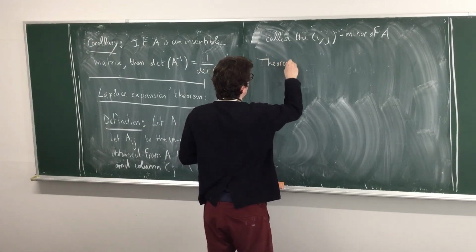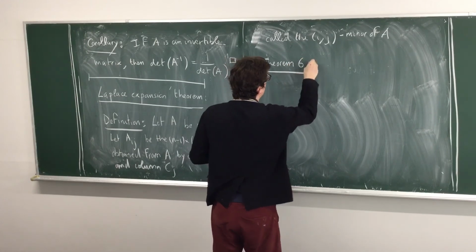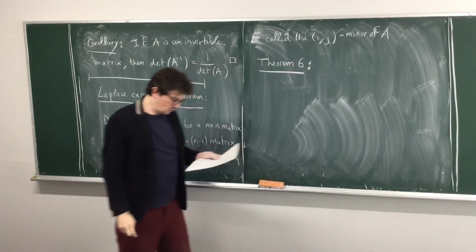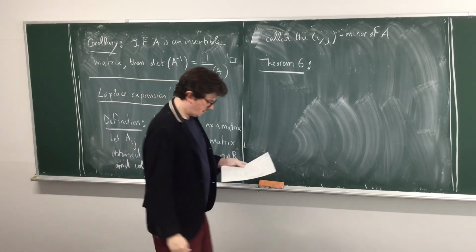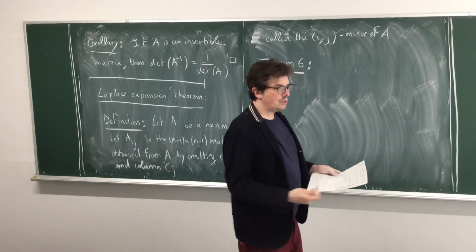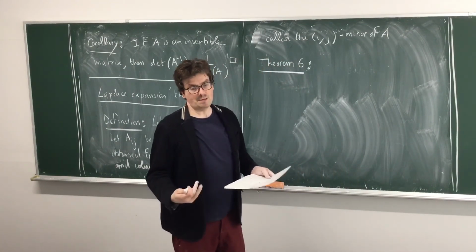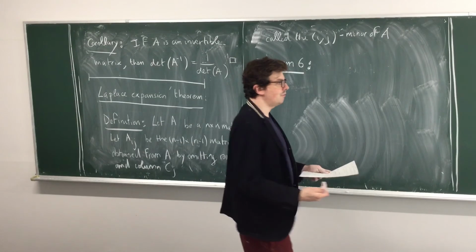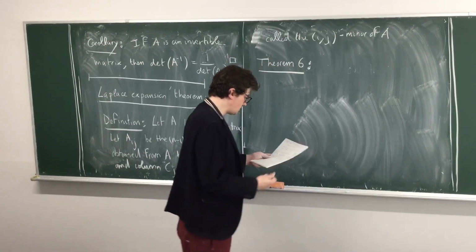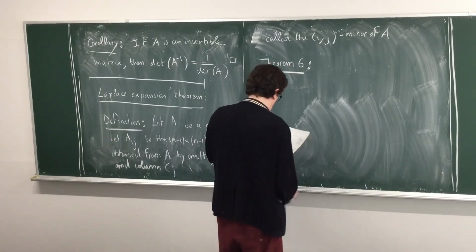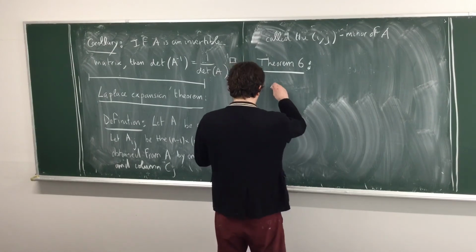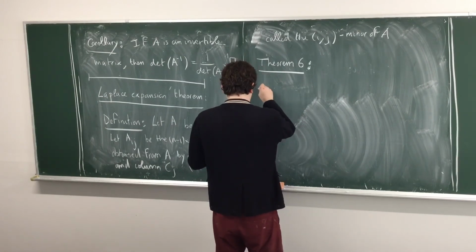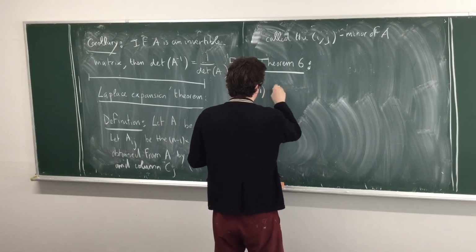We have the following theorem, which allows you to calculate very nicely the determinant of an n times n matrix using the determinant of lesser rank matrices of rank n minus 1. So, namely, we have two parts in this theorem.